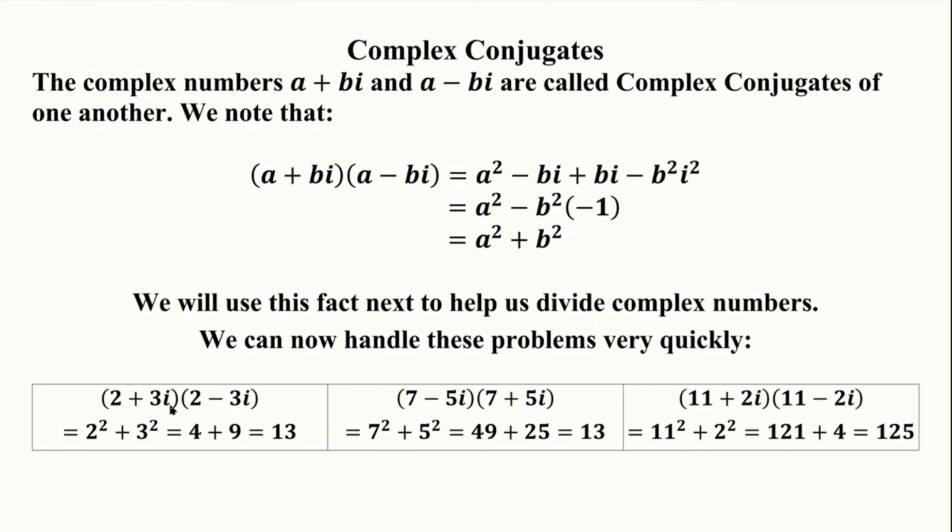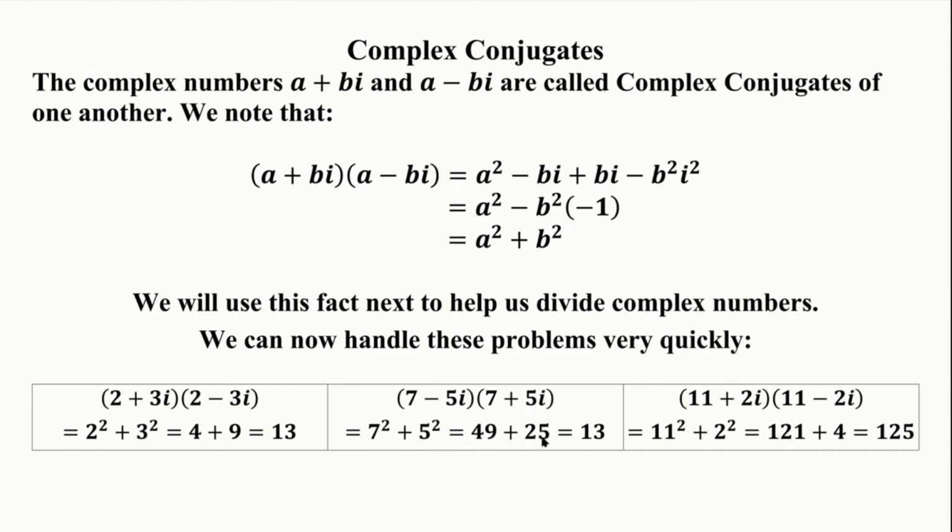So we can do this very quickly now. 2 plus 3i times 2 minus 3i, we know that's just going to be 2 squared plus 3 squared, which is 4 plus 9, which is 13. So this is a way that we're going to use to rationalize the denominators when they contain complex numbers as well. So here we have 7 minus 5i times 7 plus 5i, so of course we get 7 squared plus 5 squared.